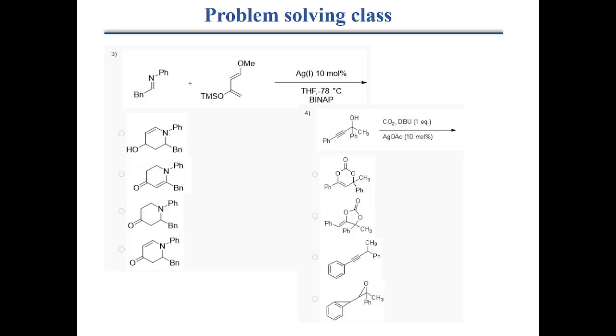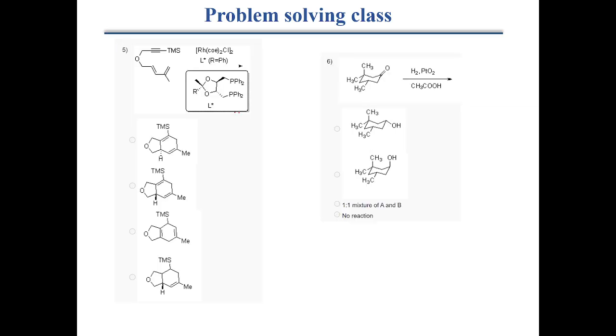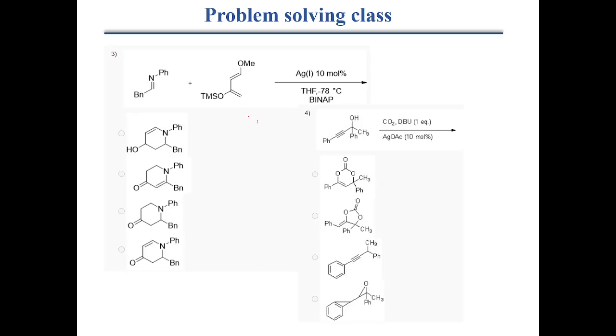So now is this one. This is a 4+2 type of cyclization reaction in presence of silver. What happened in these cases? So this is the lone pair.